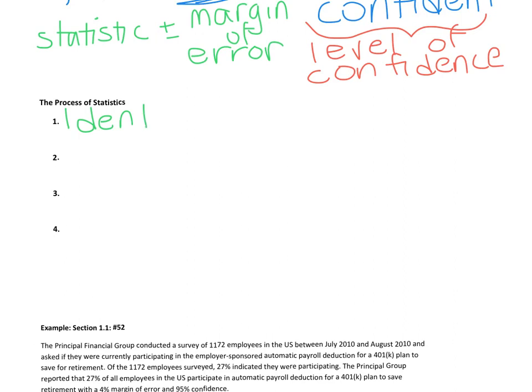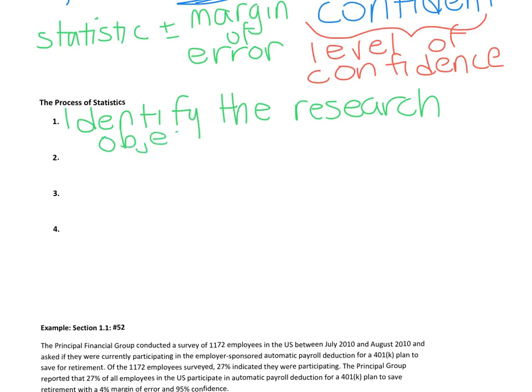So our first step in the process of statistics is identify the research objective. All right. Then, once we have the question we want to answer, we collect the data through a sample.